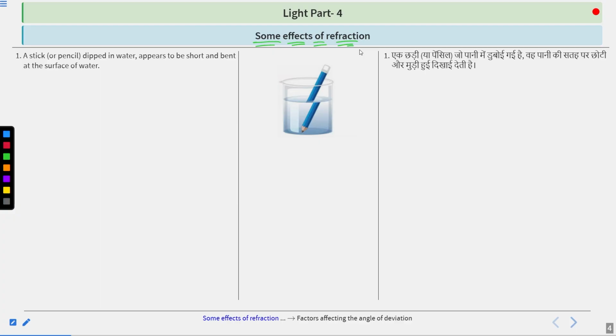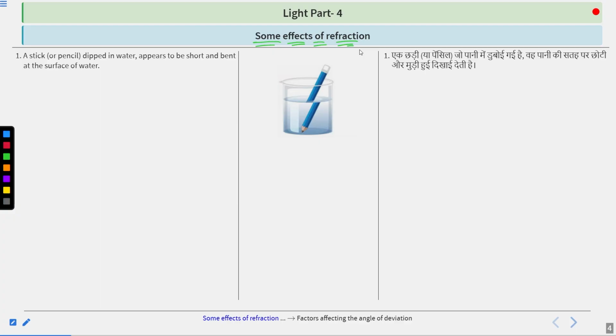So here we are going to talk about the daily effects that we see in our daily lives, and these effects actually belong to the phenomenon of refraction of light. The first one: a stick or a pencil dipped in water appears to be short and bent at the surface of water.